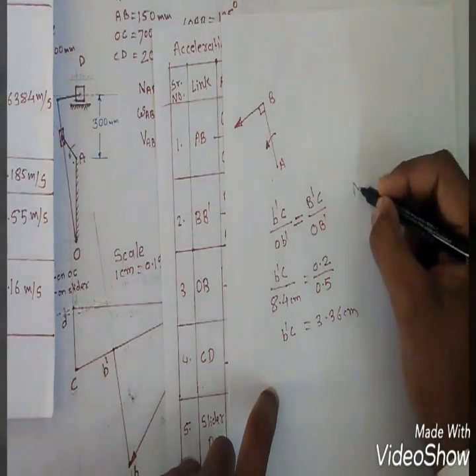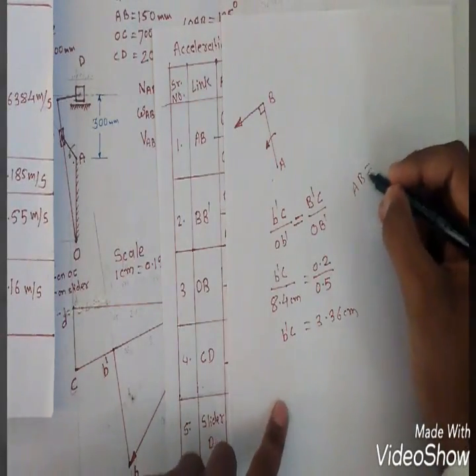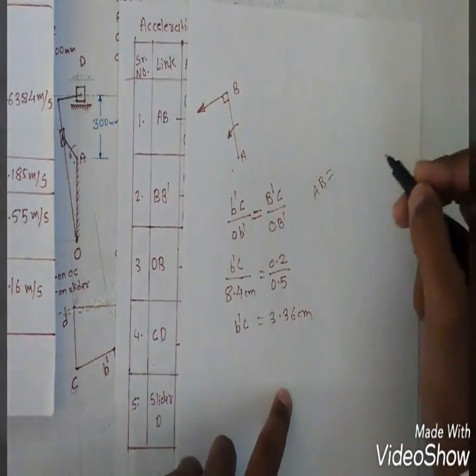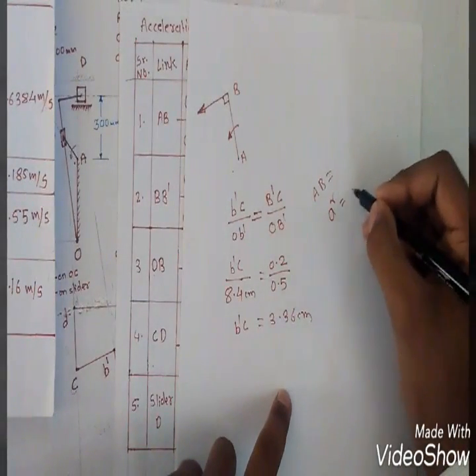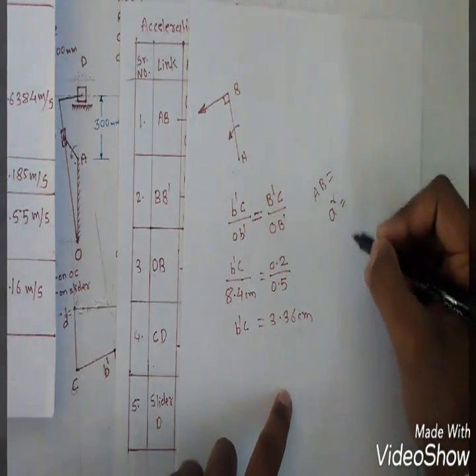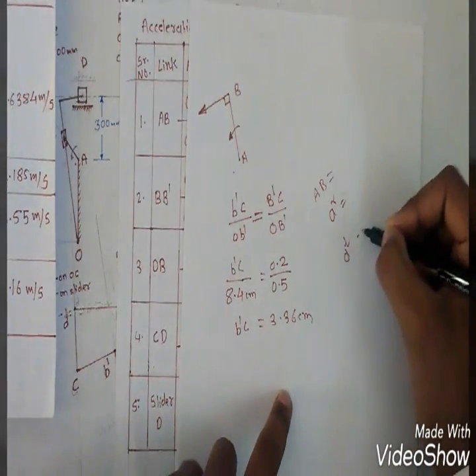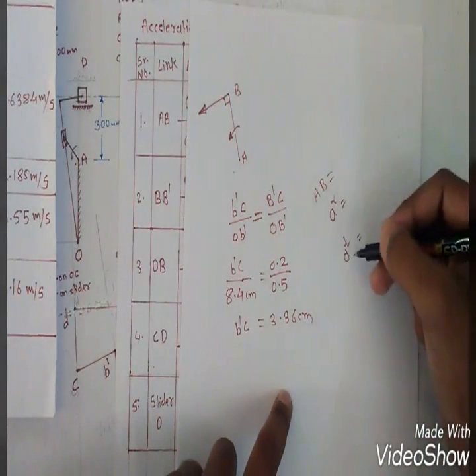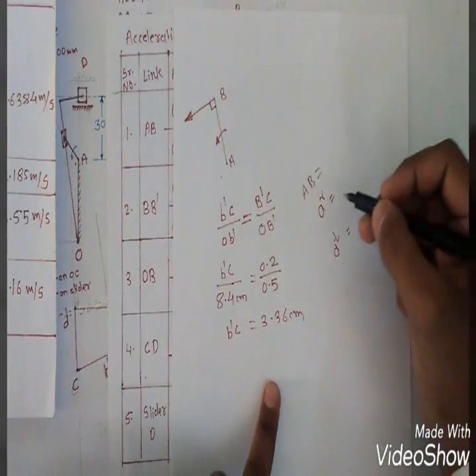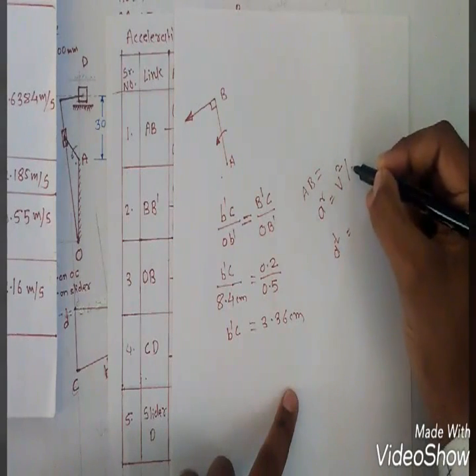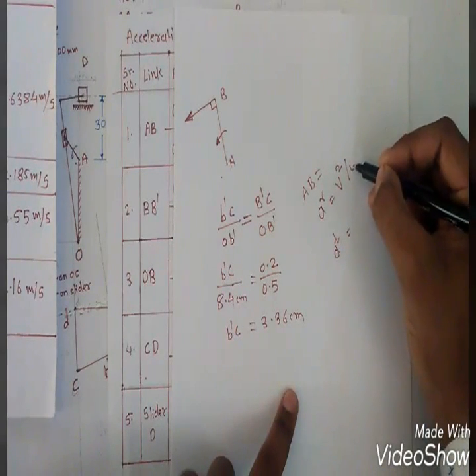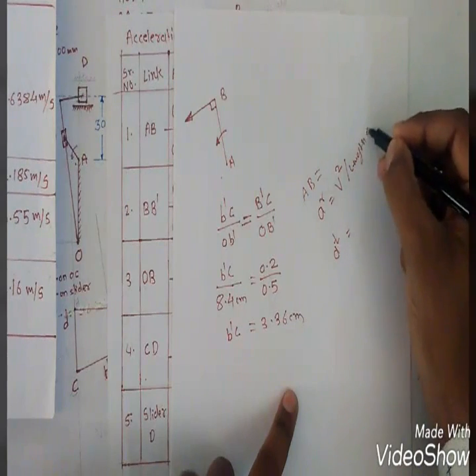Consider link AB, our initial link. There are two components for this link: first a radial component and second a tangential component, that is radial acceleration and tangential acceleration. Radial acceleration magnitude is always v square upon the length of link.